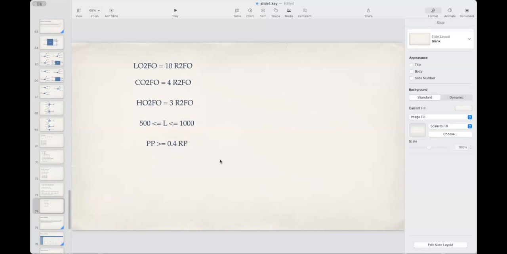Okay, good. And remember that all variables must be greater than or equal to 0. Cannot be negative for the whole thing. Okay.